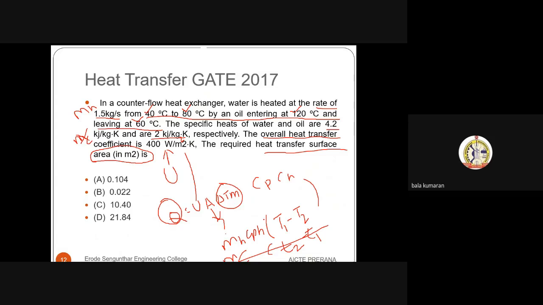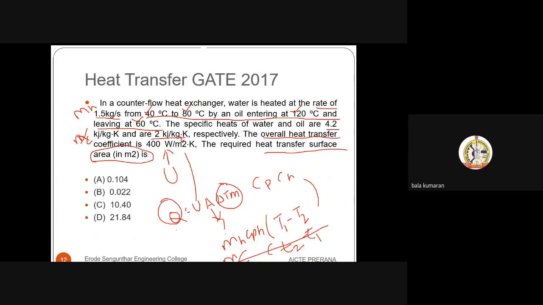We are using only the formula MH CPH T1 minus T2, because we have the specific heat of oil, the mass of oil, and the temperatures T1 minus T2. If we apply that we will get the Q value. What is del Tm?